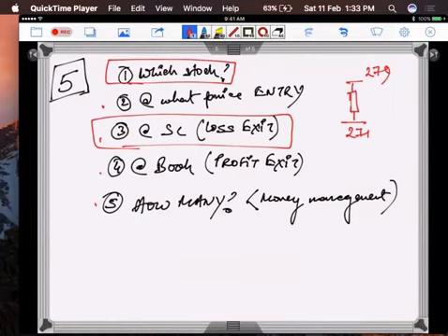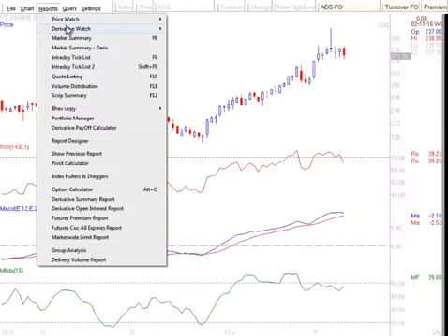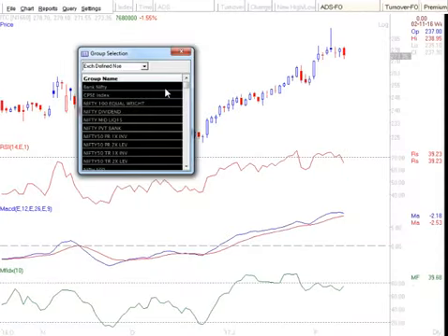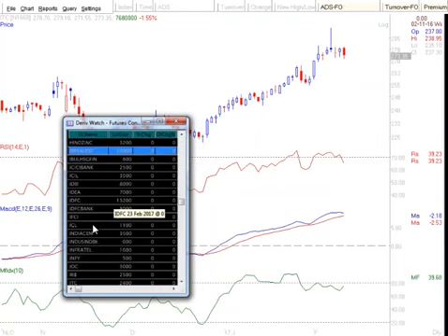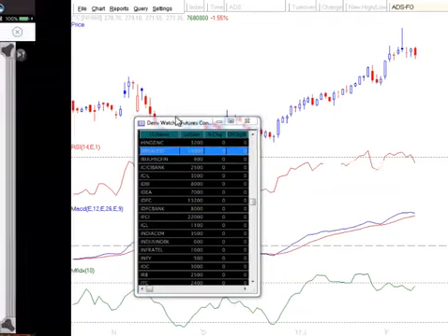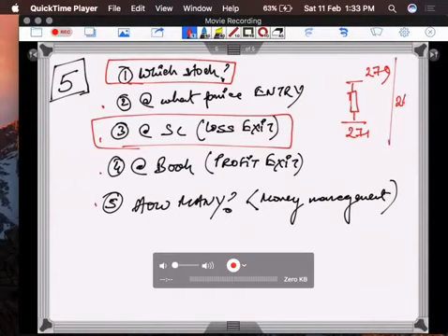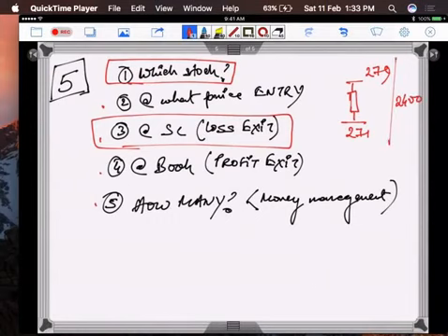What is the lot size of ITC? 2400. So 2400 multiplied by 8. How much? 19,200.